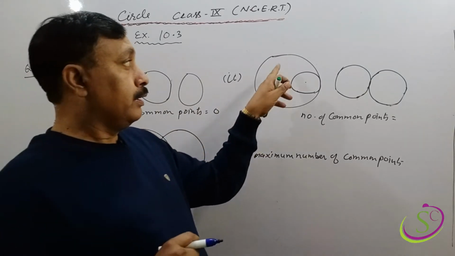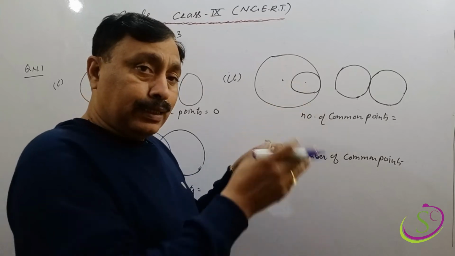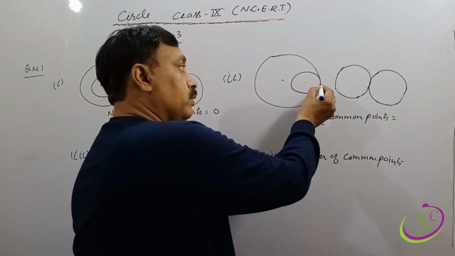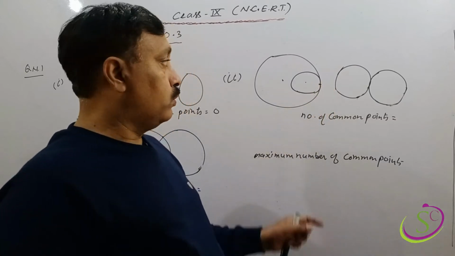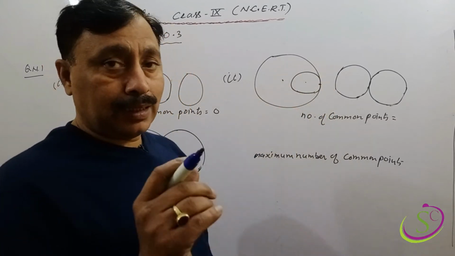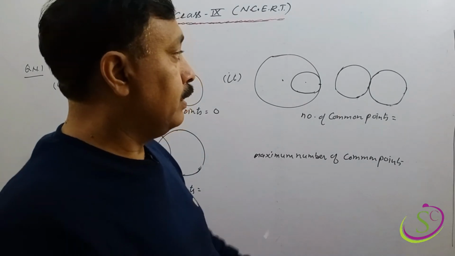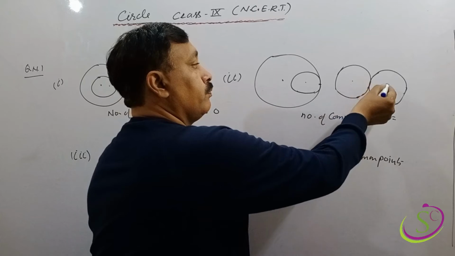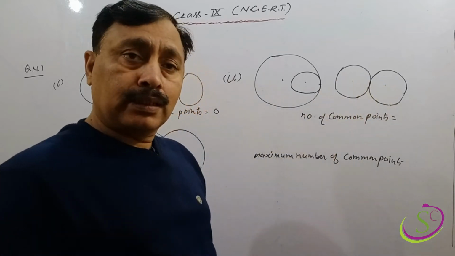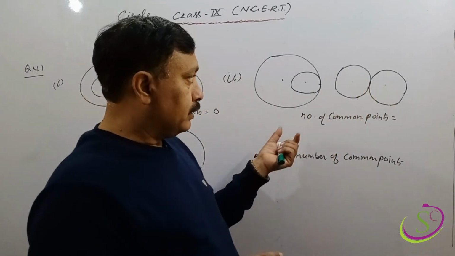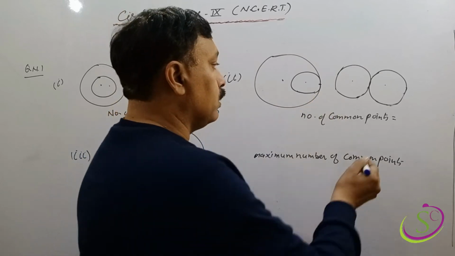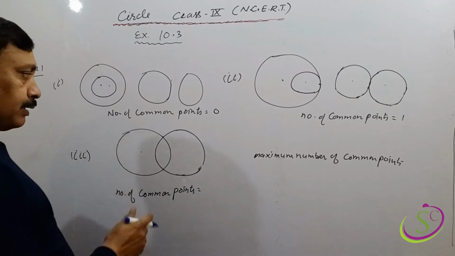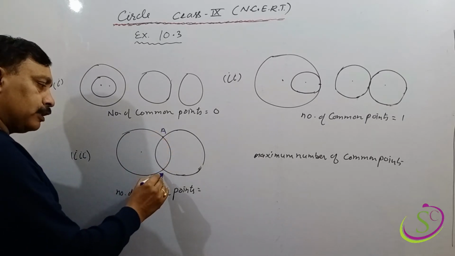But here these two circles, this circle is interior to this circle and touching each other at this point. So in this case both the circles have one common point, and the same with this circle and this circle having this common point. Clear? So in this case only one. But here both the circles are intersecting at this point and this point.